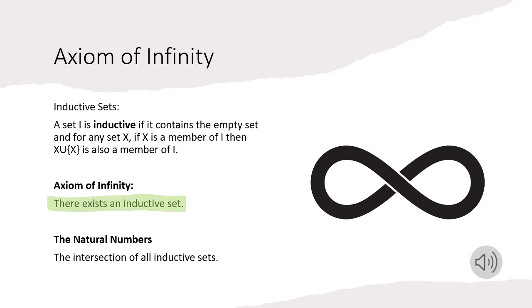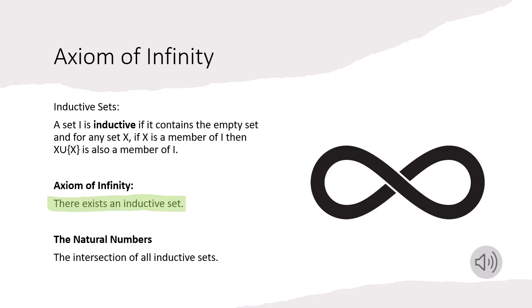Now, an inductive set, which we'll use capital I to denote, is said to be inductive if it contains the empty set, so the empty set has to be contained within I, and for any set X that's in this set I, X union the singleton {X} is also a member of I. And this allows us to build up more and more elements of this set I. And because of this building up of elements, the set I will be an infinite set.